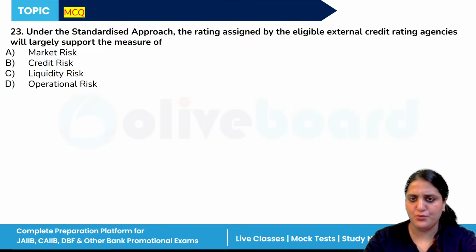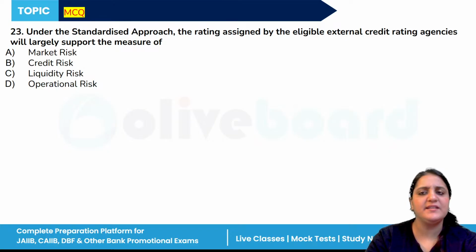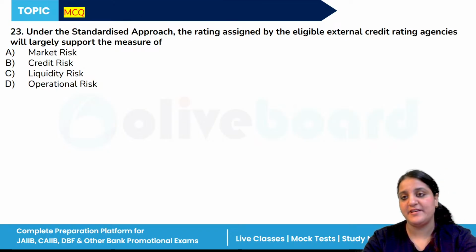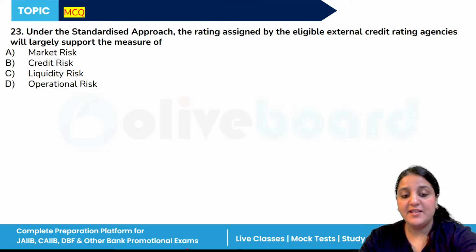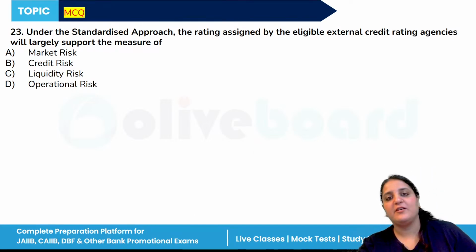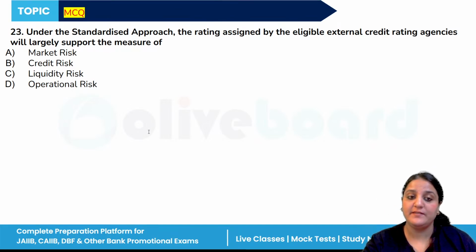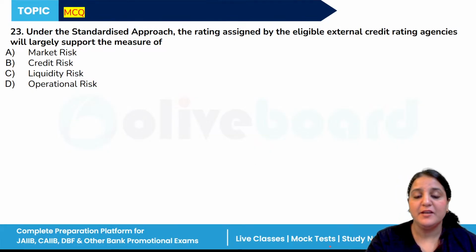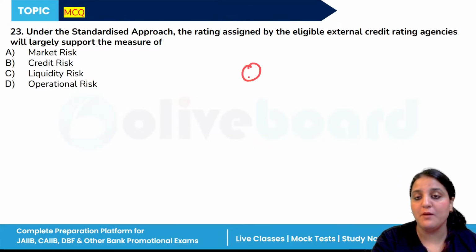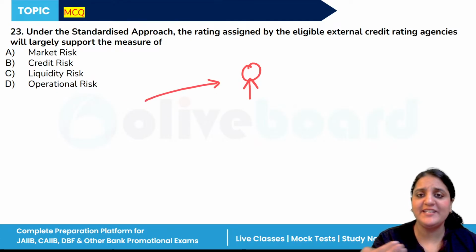Under the standardized approach, the rating assigned by the eligible external credit rating agencies largely supports the measure of, if there is talk of ratings, then that means they are talking about credit risk. What is credit risk? It is when the borrower is not able to pay the loan to the bank, either the principal amount or the interest. But before sanctioning a loan to a borrower, the bank checks everything to avoid credit risk.